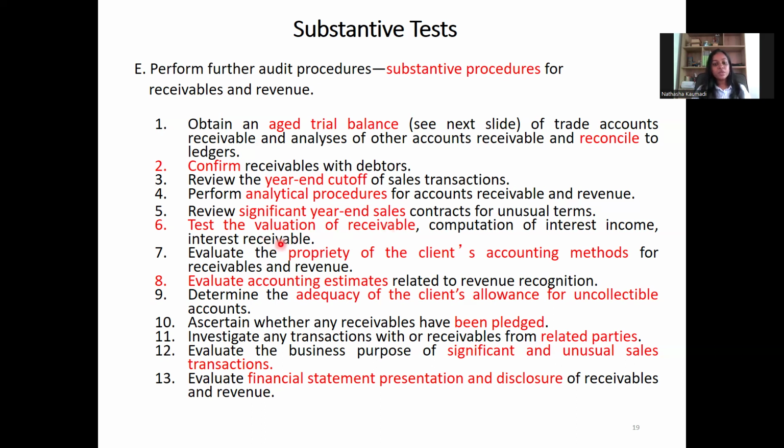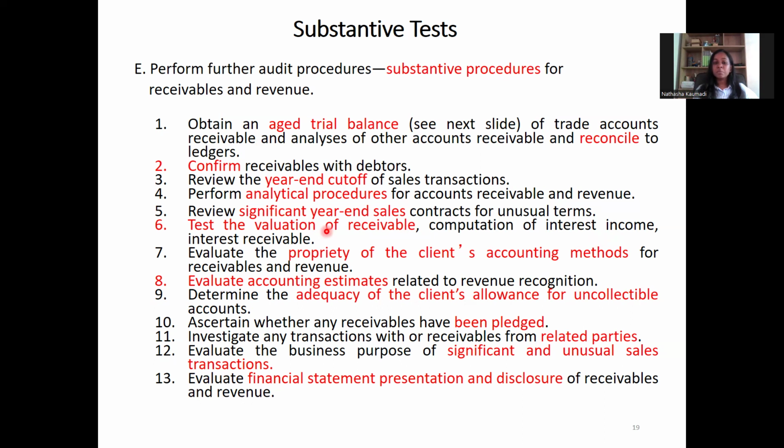And then test the valuation of receivables, computation of interest income, and interest receivables. Maybe you have to take all the debtor balances and compute expected credit losses. Basically, you have to adjust for bad debts and the allowance for doubtful debts. As per the standards, you call it impairment, right?